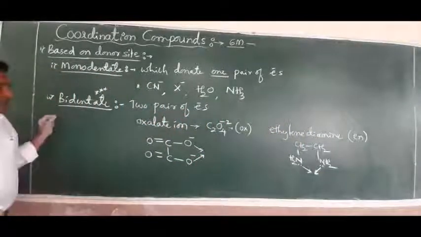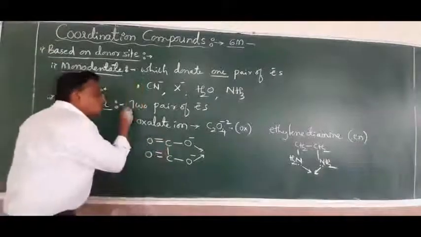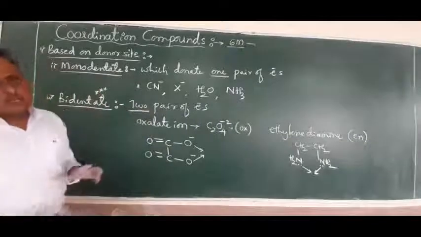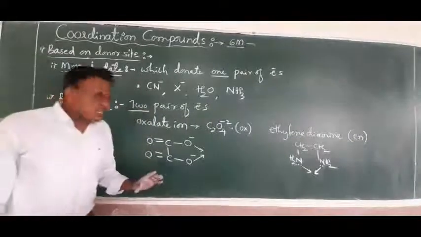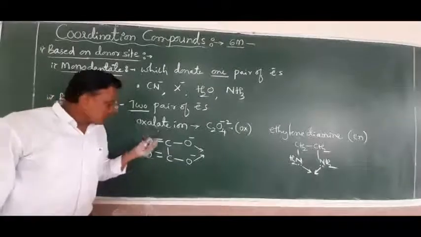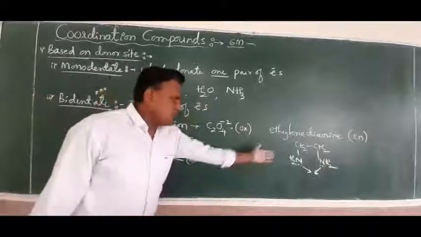So bidentate ligands are the ligands which have the capacity to donate two pairs of electrons to the central metal. The two interesting examples are oxalate ion, formula C2O4 minus 2, and ethylene diamine, which is this.